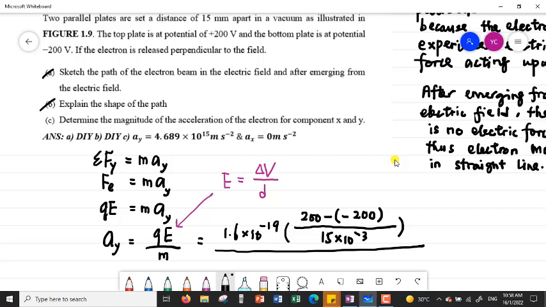If you refer to the list of constants, the mass of the electron is 9.11 × 10^-31.